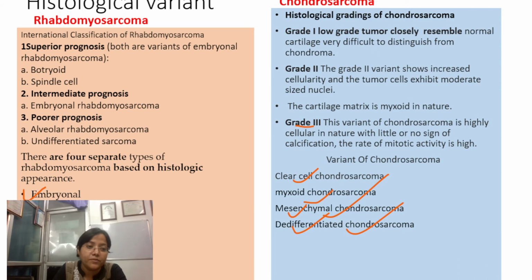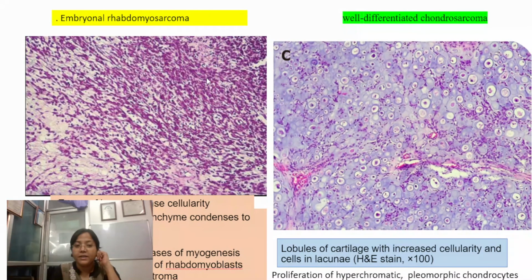The first variety is embryonal rhabdomyosarcoma, and in this photomicrograph you can appreciate the loose primitive mesenchyme, which exhibits the cellular phases of myogenesis and dense condensation of rhabdomyoblasts. In the low power view there is dense condensation of rhabdomyoblasts, but here you cannot easily see the rhabdomyoblast cells.